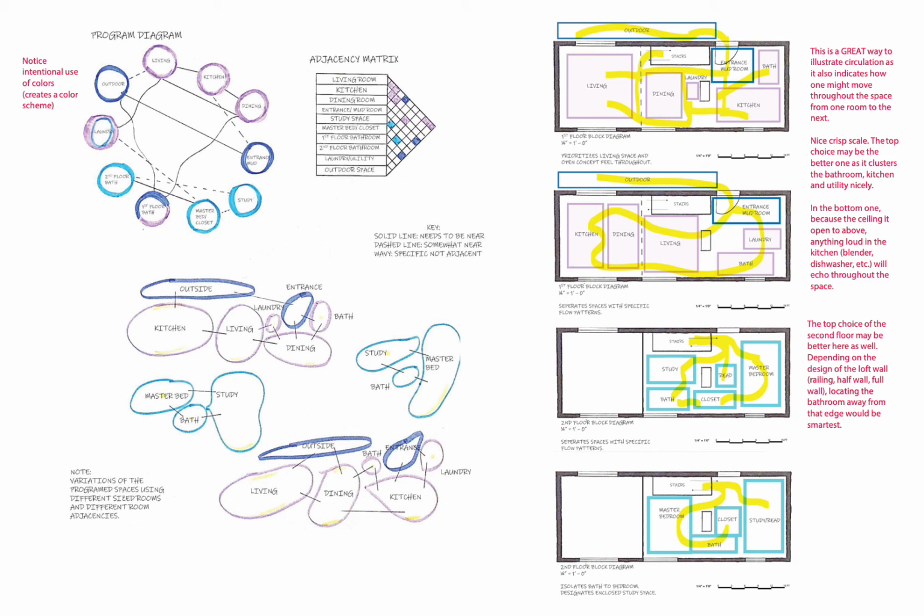And then on the second floor, depending on the design you have for the edge of the loft space, whether it is a railing or a wall, if it's a railing, you might not want to put the bathroom next to it. That might just feel a little bit too exposed. So tucking it in or even putting it closer to this vertical riser would be preferred.